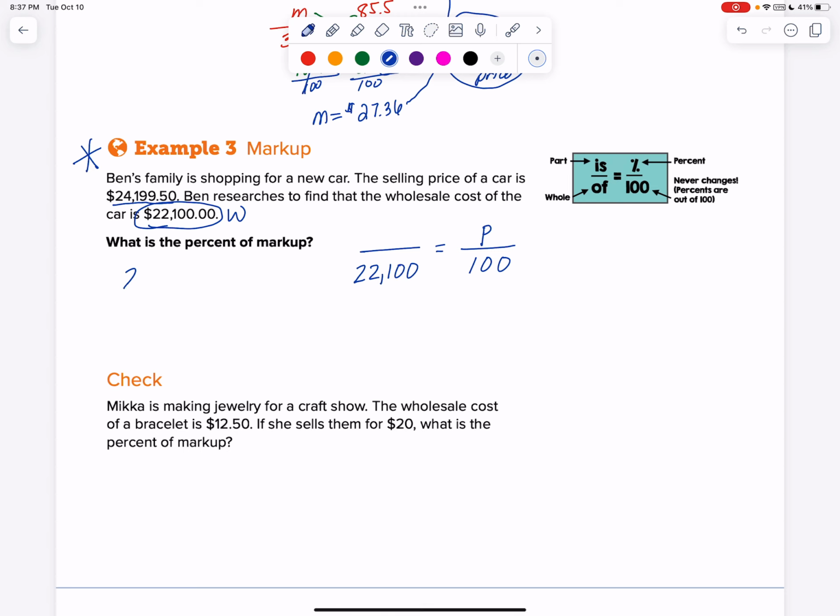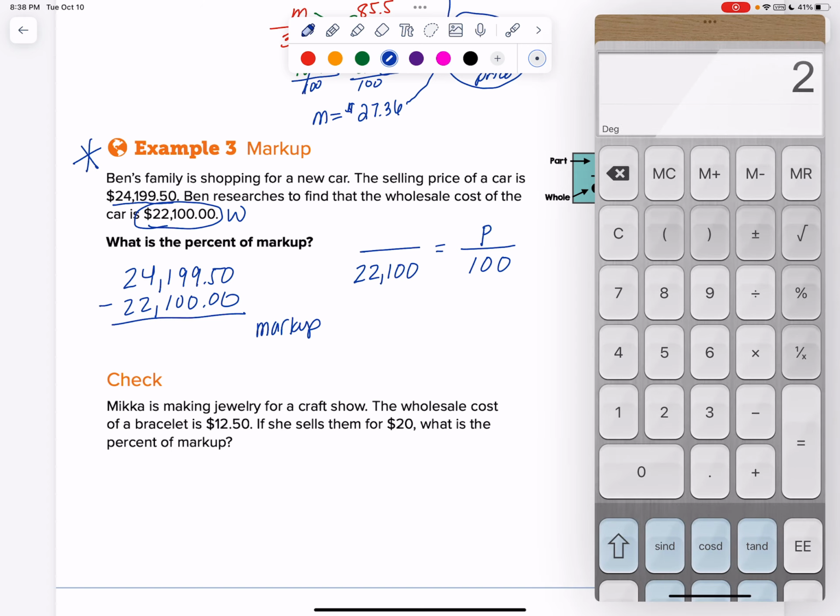So that means this is my sale price, okay? If I take away the wholesale price, then I'm left with the markup, okay? Because the markup, remember, is that amount of money extra that we add on sort of to make a profit, basically, okay?